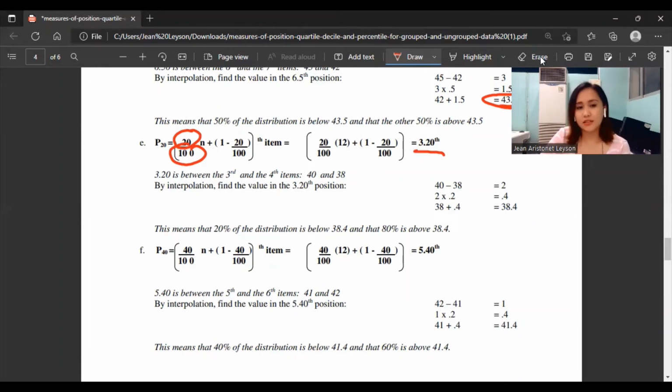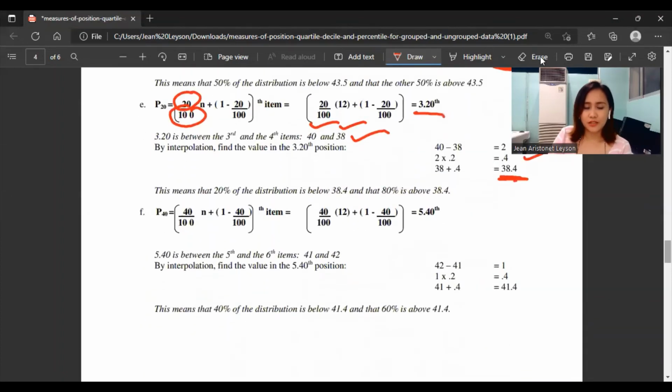Interpolate. So 3.2 is between the third and the fourth item, that's 40 and 38. Subtract, that's 2. Multiply 2 by the decimal point, which is 0.2. So that's 0.4. Then add 0.4 to the lesser number, which is 38. So that is 38.4.